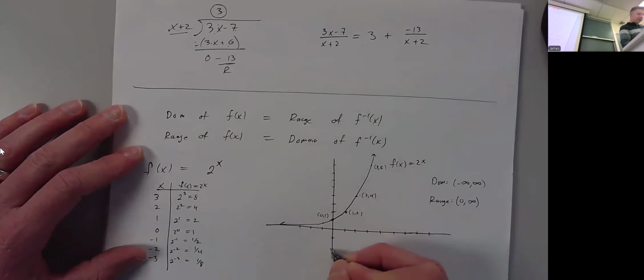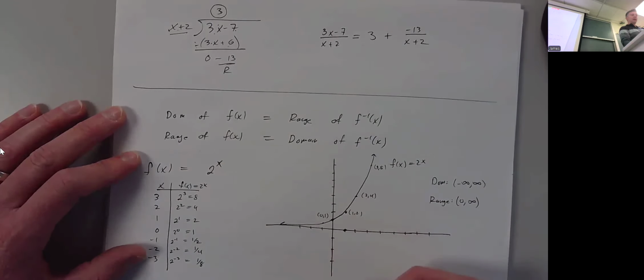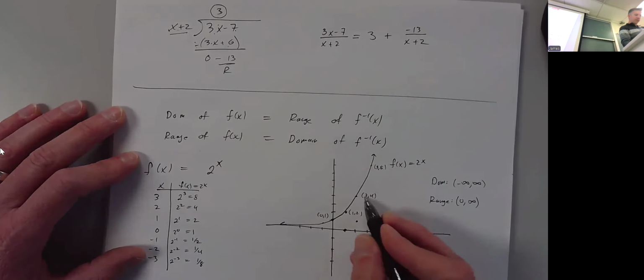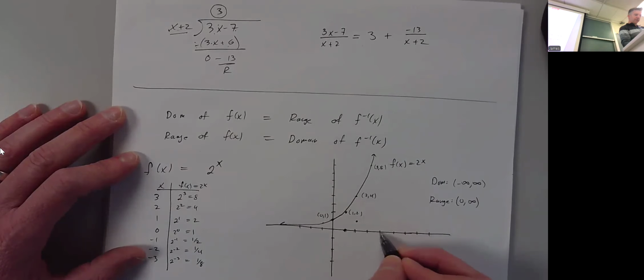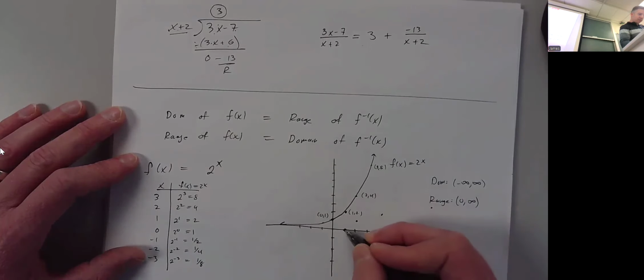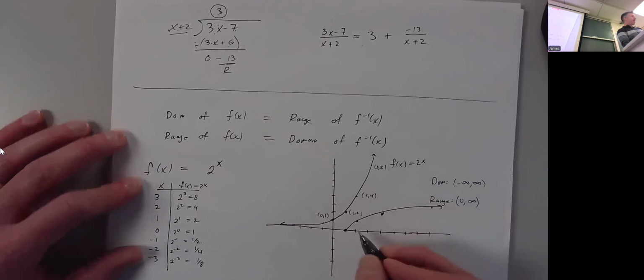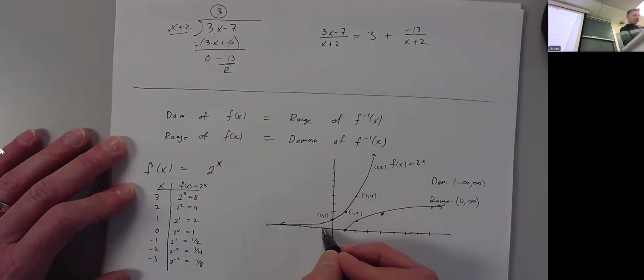So instead of 0, 1, I'm going to plot 1, 0. Instead of 1, 2, I'm going to plot 2, 1. Instead of 2, 4, I'm going to plot 4, 2. Instead of 3, 8, I'm going to plot 8, 3. And then instead of -1, 1/2, I'm going to plot 1/2, -1.